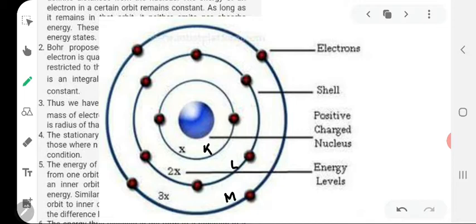The order of the energy of these energy shells was K less than L, and L less than M, and so on. While revolving in an orbit, the electron is not in a position to either lose or gain energy. In other words, its energy remains stationary. That is the reason why these energy states for the electrons are also known as stationary states.